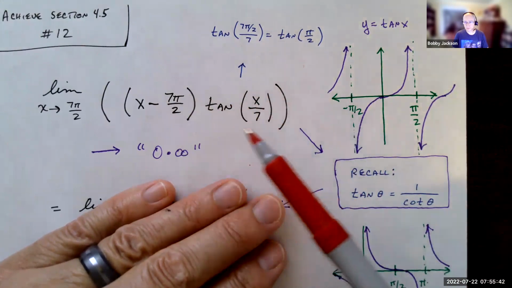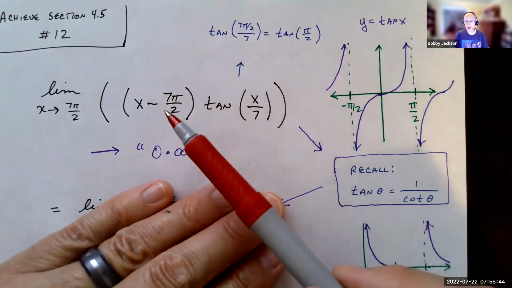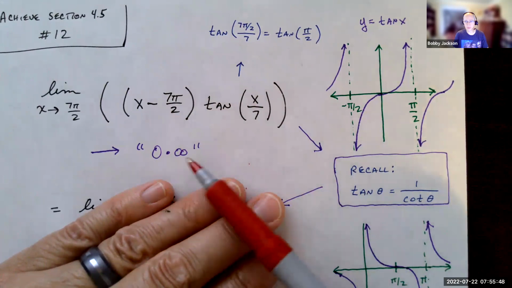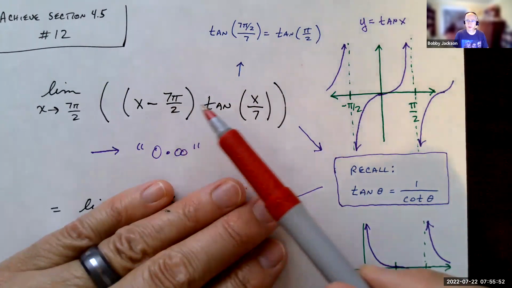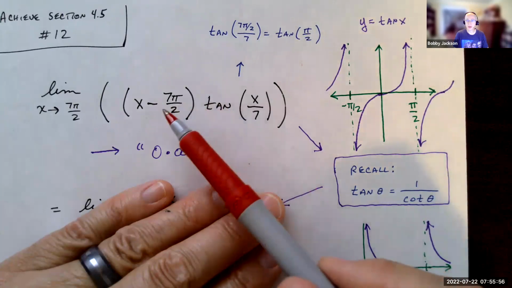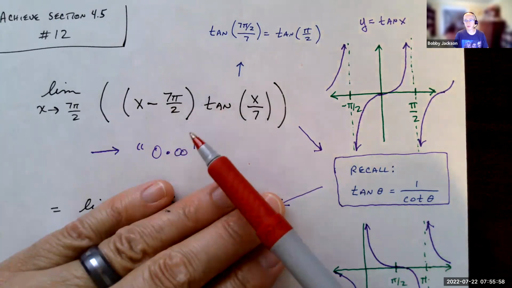And so how can we solve this with L'Hopital's rule? This is not L'Hopital's rule form. So remember, when I have 0 times infinity form, I want to take this product and rewrite it in a way where it becomes 0 over 0 or infinity over infinity.